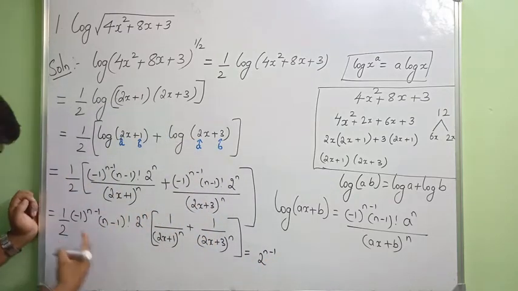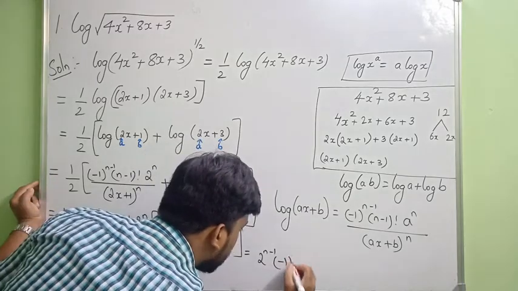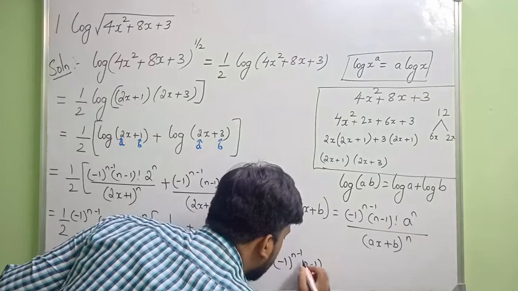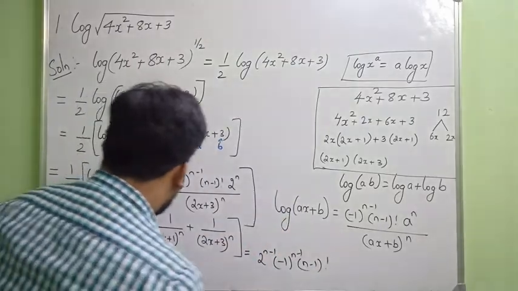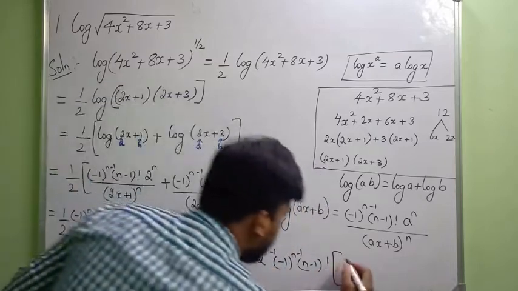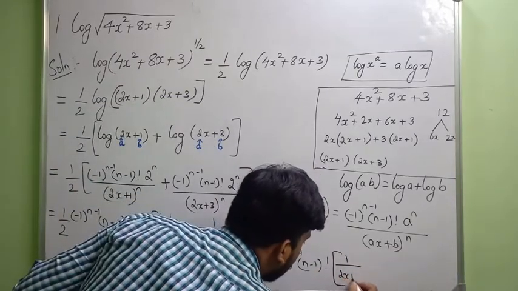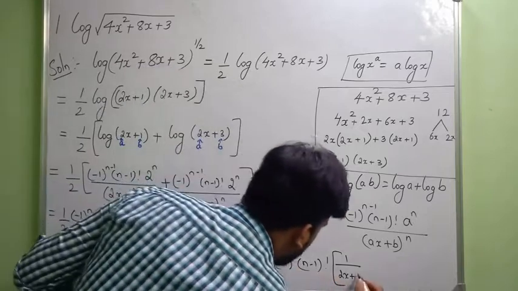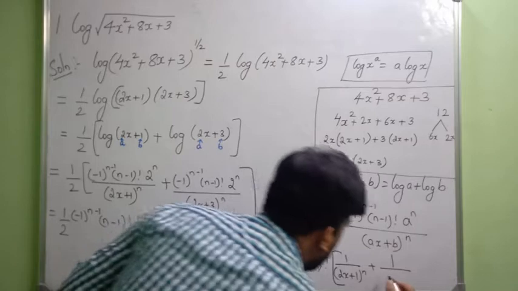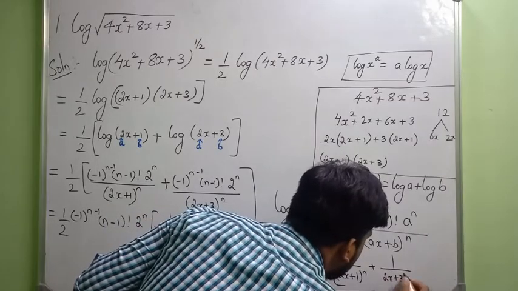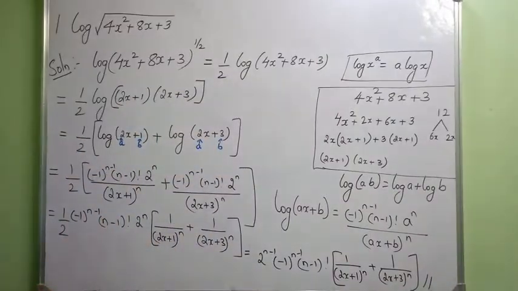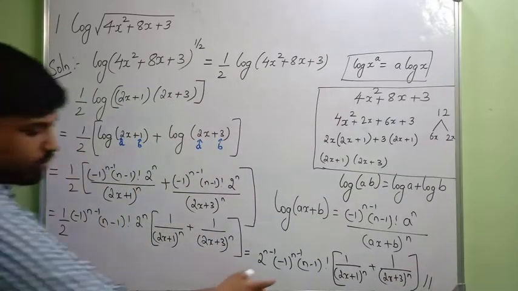I am taking together, minus 1 to the power of n minus 1 factorial and into this one, 1 by 2x plus 1 to the power of n plus 1 by 2x plus 3 to the power of n. This is our required solution.